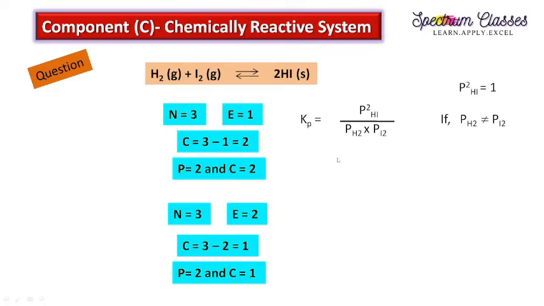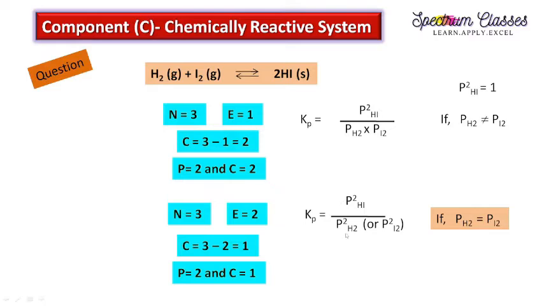This example I again solve with the help of this condition: if H2 is equal to I2. Here we have two equilibria. I also explain this example with the condition of hydrogen equal to iodine. So this is the equilibrium constant, and we are just putting the value of HI, which is 1, and these two are equal.